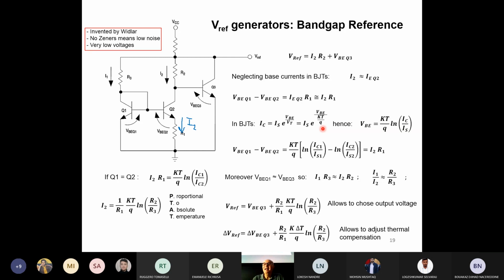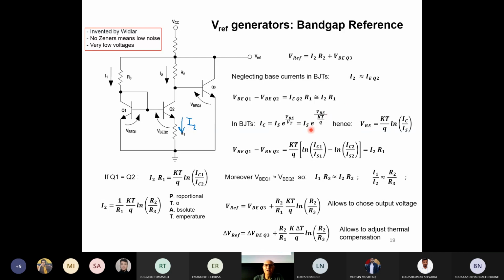So that's for sure. But we know that at room temperature, KT over Q is 0.026 volts. So it's 26 millivolts at 27 degrees, which are 300 Kelvin degrees. That's one of the few things that we must remember in life. We can forget many others.